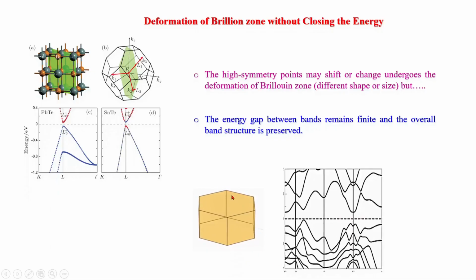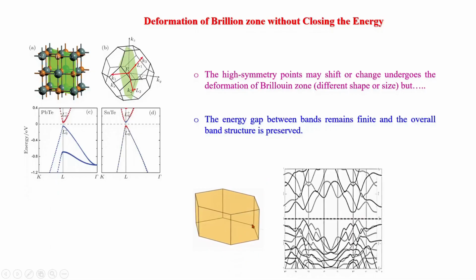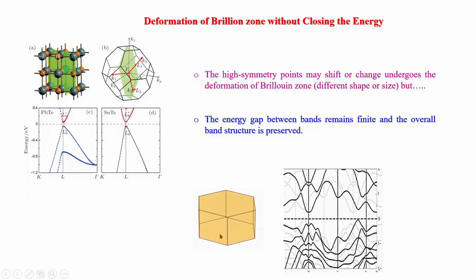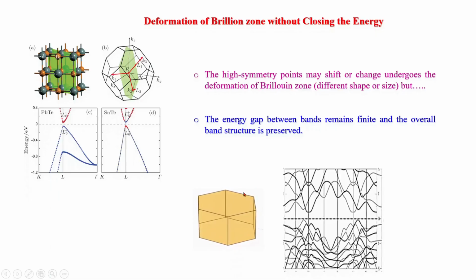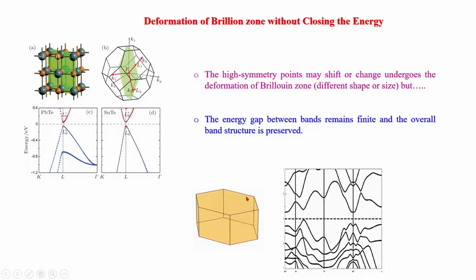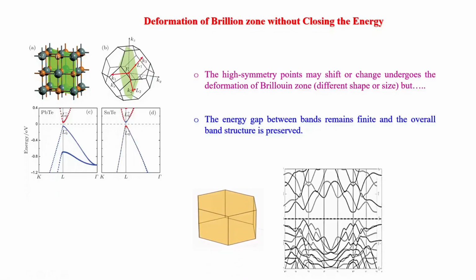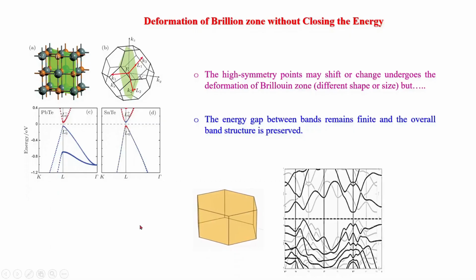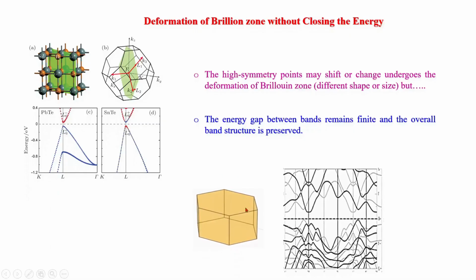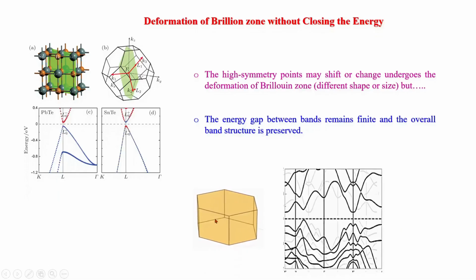And it is basically stated that we can deform the Brillouin zone in several ways, but it must be preserved by symmetry. Like if the system is protected by time reversal symmetry, it must contain the time reversal symmetry as long as the system is to be preserved as a topological material.